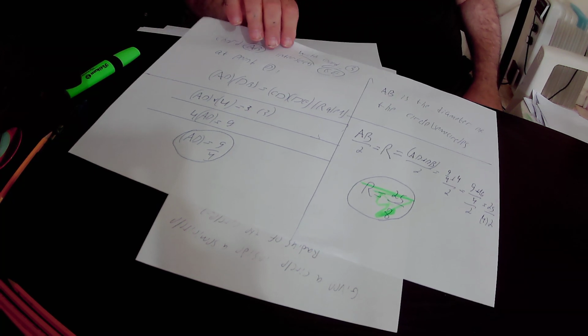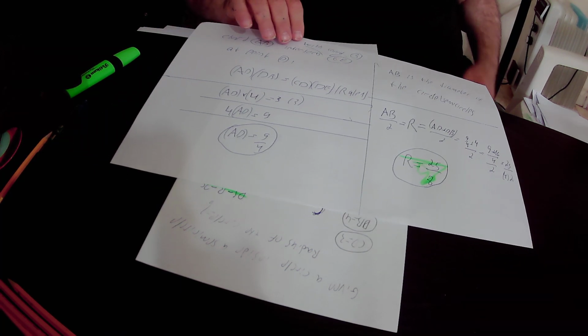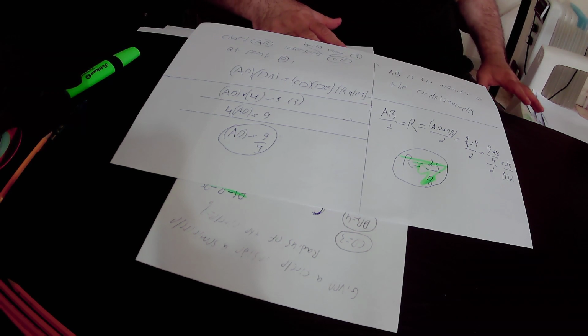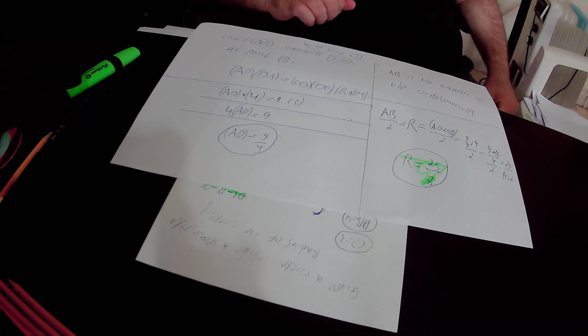Okay, and we know that the diameter of any circle or semicircle is twice as long as the radius.